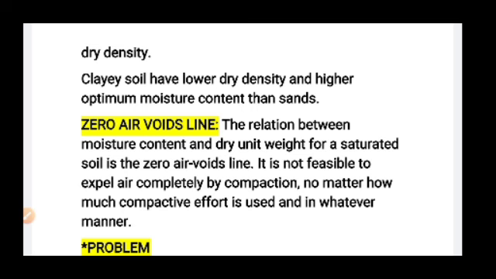The relation between moisture content and dry unit weight of saturated soil is the zero air voids line. It is not feasible to expel air completely by compaction, no matter how much compactive effort is used and in whatever manner.